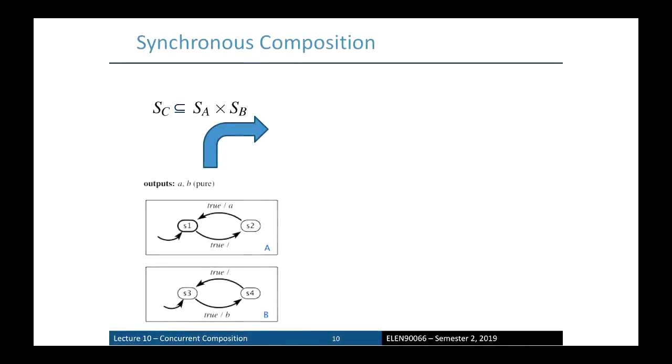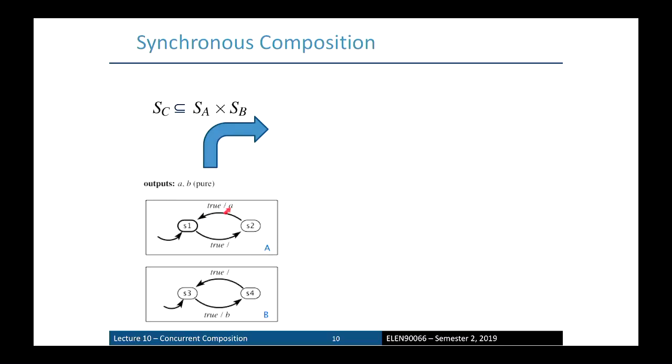So let's look at a really interesting example. Let's take two trivial, really simple two-state state machines, and they are clearly independent. They actually have no inputs, just outputs.